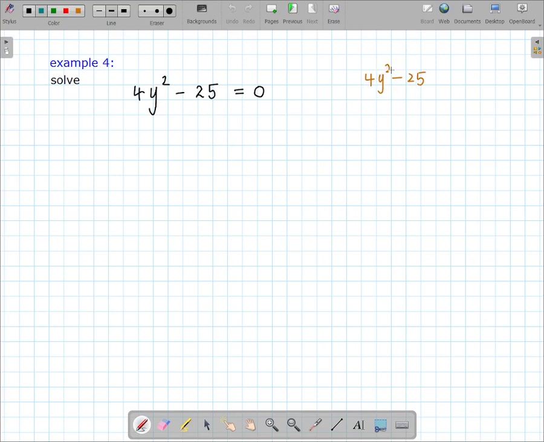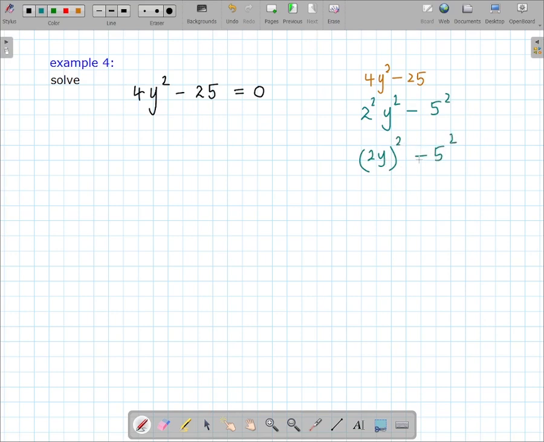Y squared is already there. Then check whether numbers can be squares. 4 can be written as 2 squared. 25 can be written as 5 squared. So I write 2 squared y squared minus 5 squared. Then 2 squared y squared can be written as (2y) squared minus 5 squared.